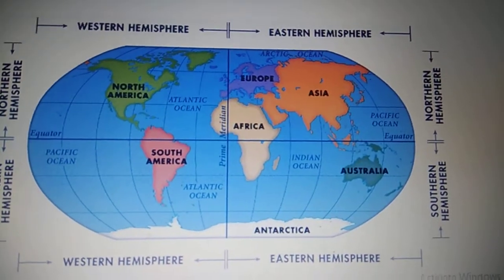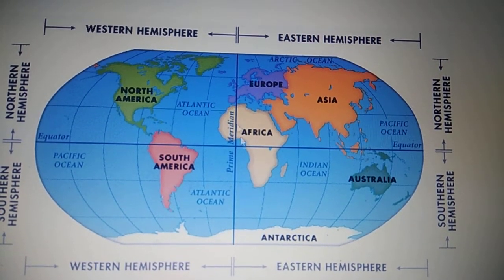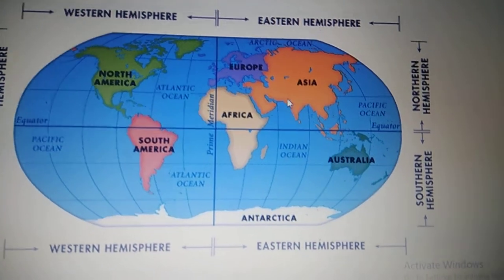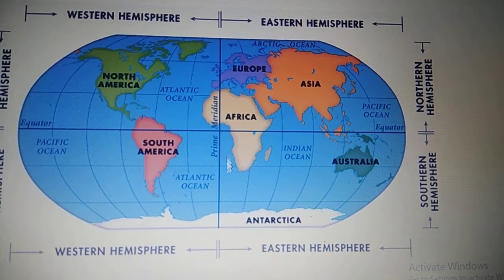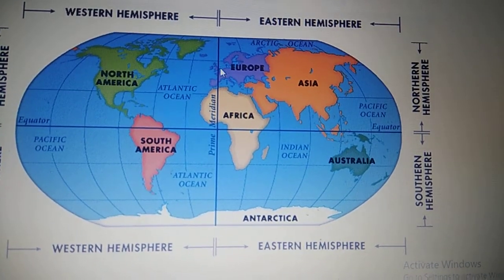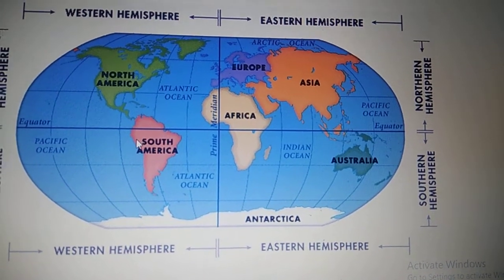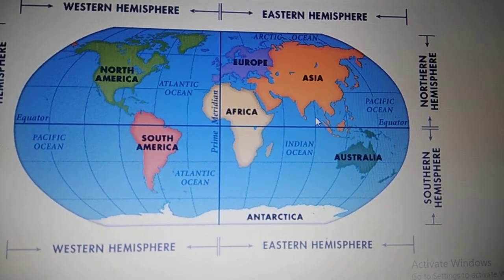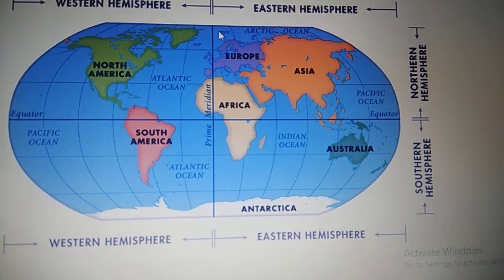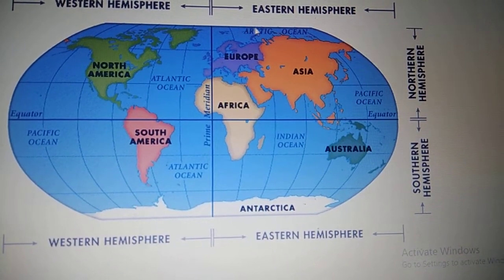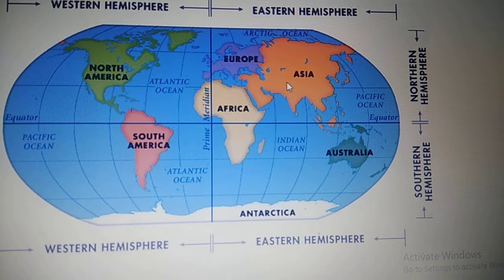Now children, have a look at this map. You can see the equator, which divides the earth into northern and southern hemispheres, and I've told you we are in the northern hemisphere. And now you see the prime meridian. This is the prime meridian starting at 0 degrees, which divides the earth into eastern and western. This right side is eastern and left side is western. So we are east of the prime meridian. Now from 0, 1, 2, 3 we start counting. If we go towards the right side, we are in the eastern and northern hemisphere.